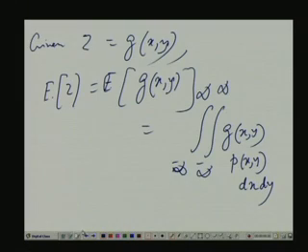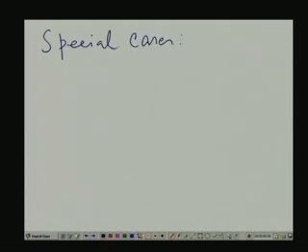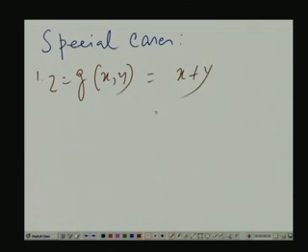Consider some special cases. G x y, which is Z, is nothing but just a summation of x and y. In that case, what is E z?